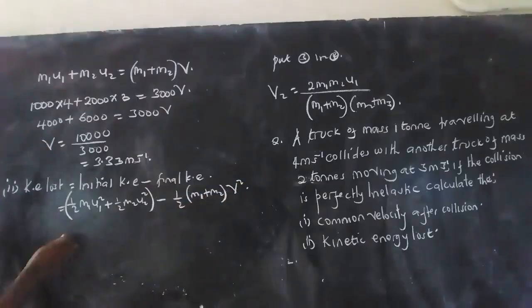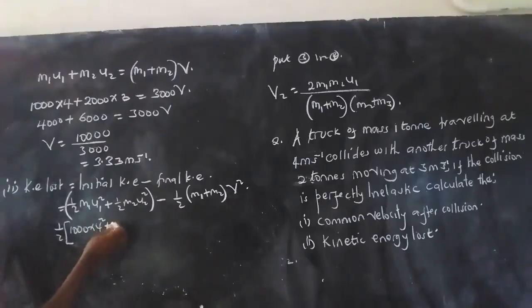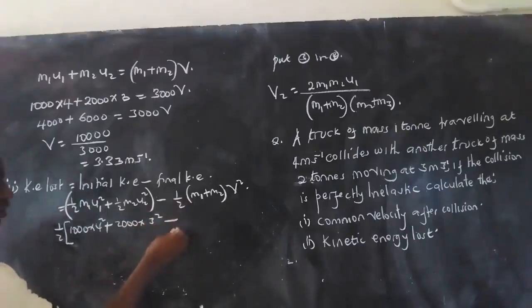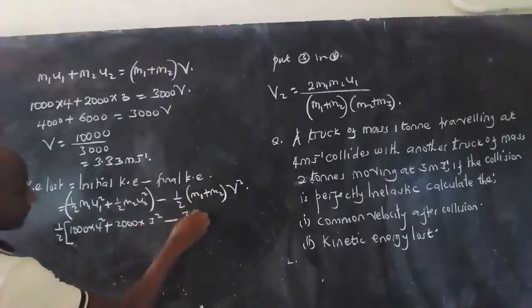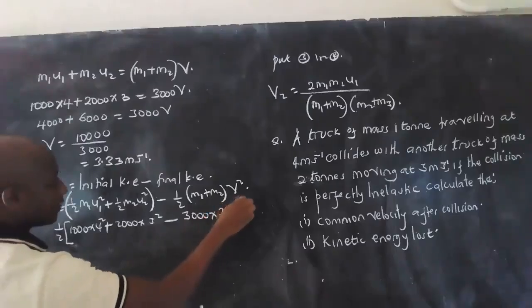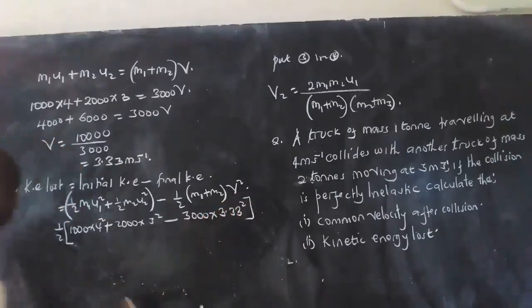So we substitute, a half can go out. M1, that's 1,000 times 4 squared, plus 2,000 times 3 squared, minus this plus that, you get 3,000 times 3.33 squared.